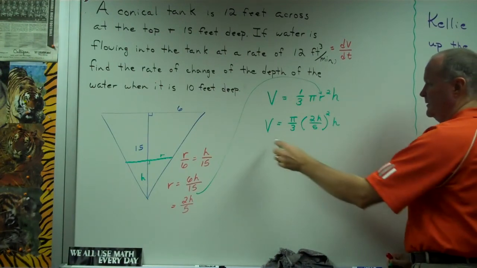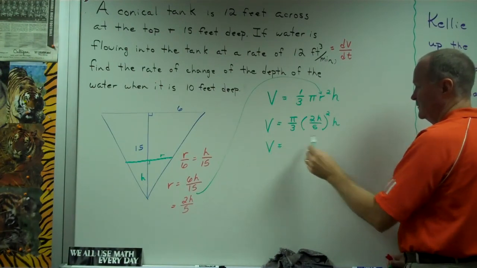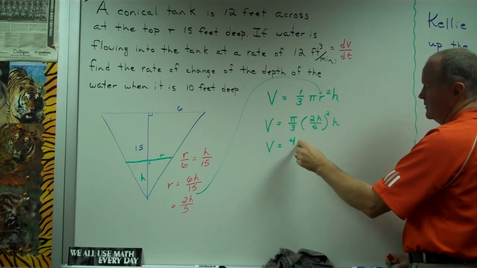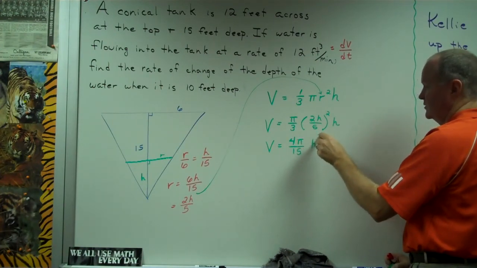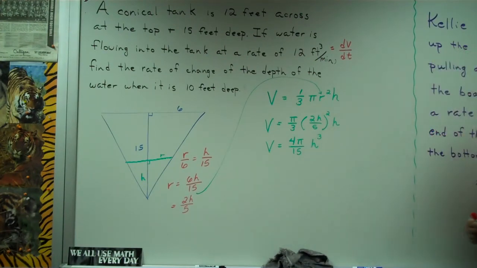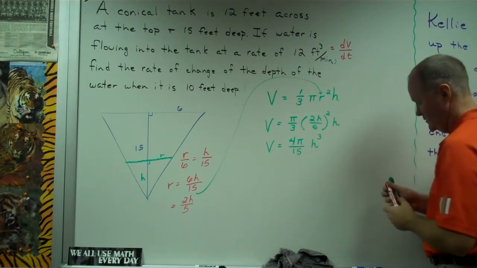Oh, yeah. And if we clean this up a little bit before we do our thing, this is 4 pi over 15 times h cubed. That, oops, that's not 15, that's 75, sorry.